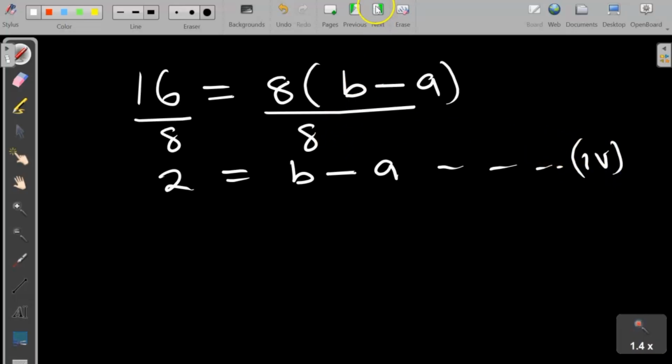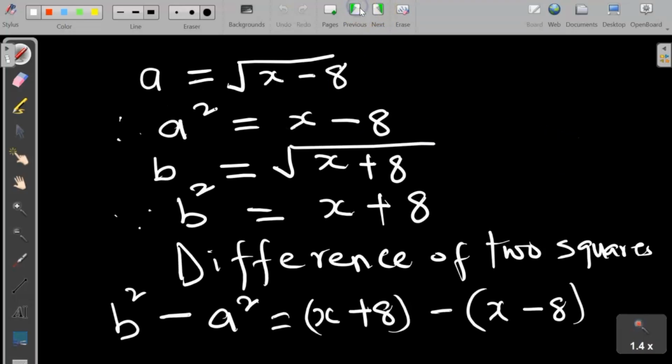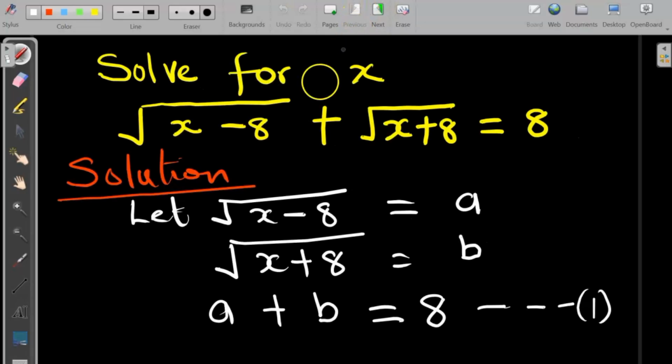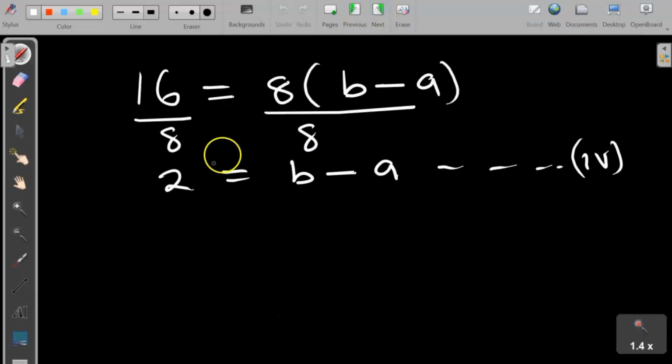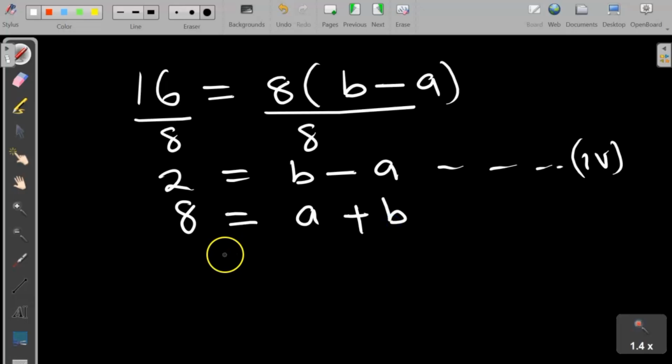Okay, if I go back, a plus b is equal to 8. So 8 is equal to a plus b.